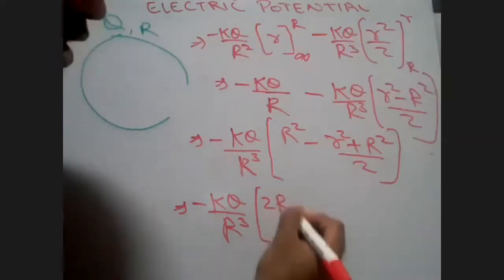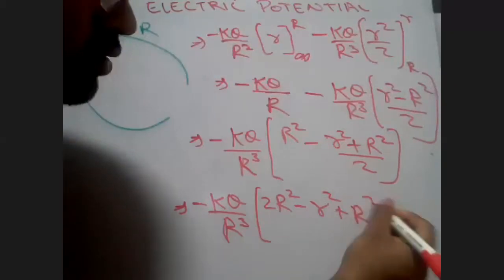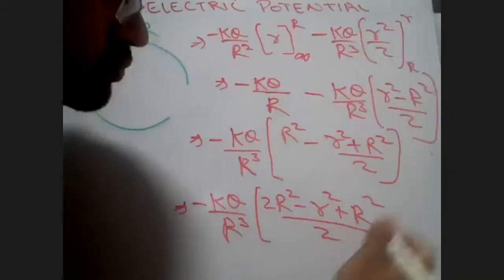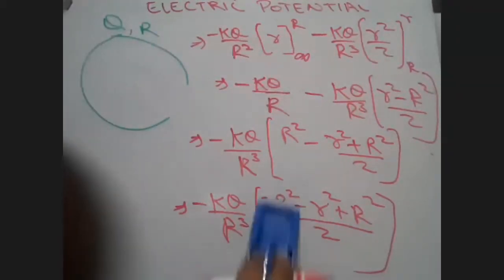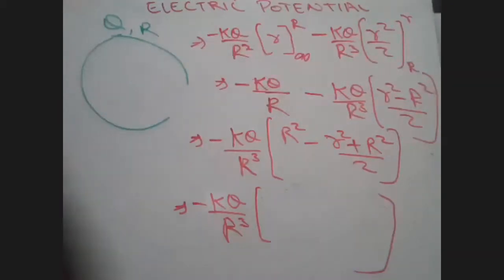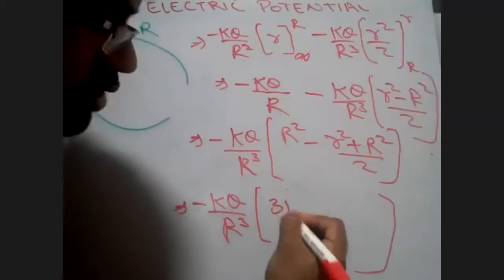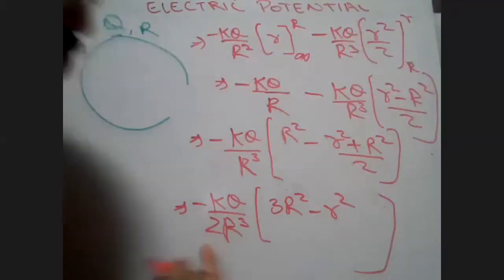Capital R square minus r square plus r square upon 2. That is going to give me what? 2R square plus capital R square is going to give me what? This and this will add. 3R square minus small r square upon 2. I took 2 outside.